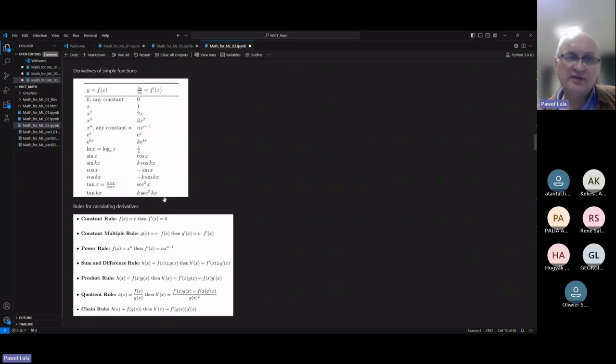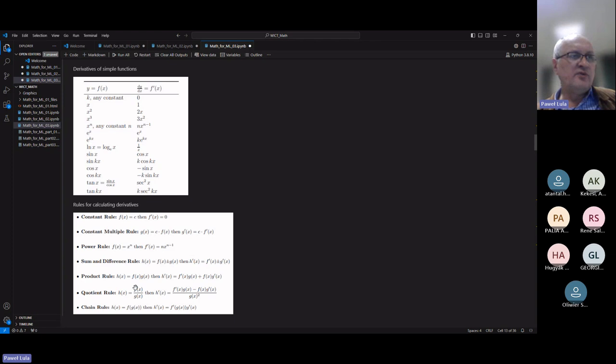In this table, we have defined derivatives only for very simple functions. In practical applications, we very often have functions which are built with many elements, and then we should use some rules when we want to calculate the derivative function.